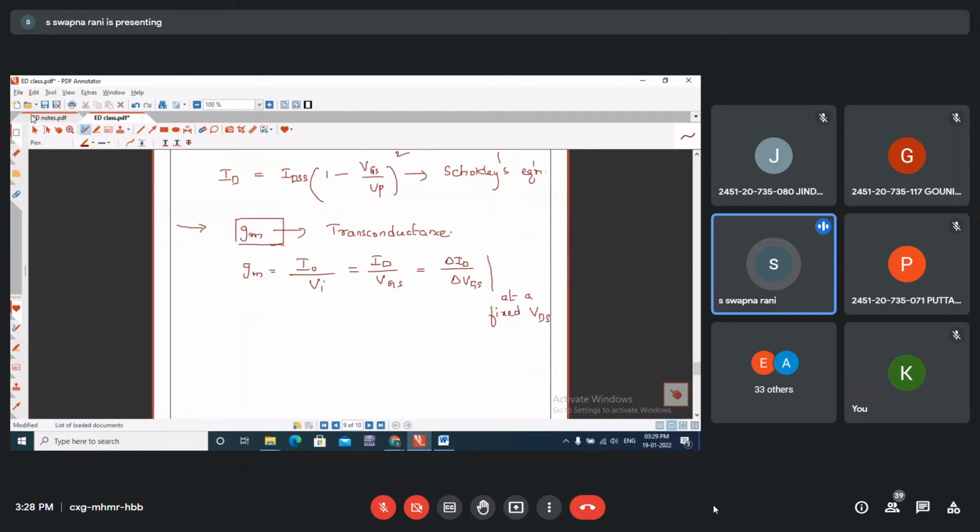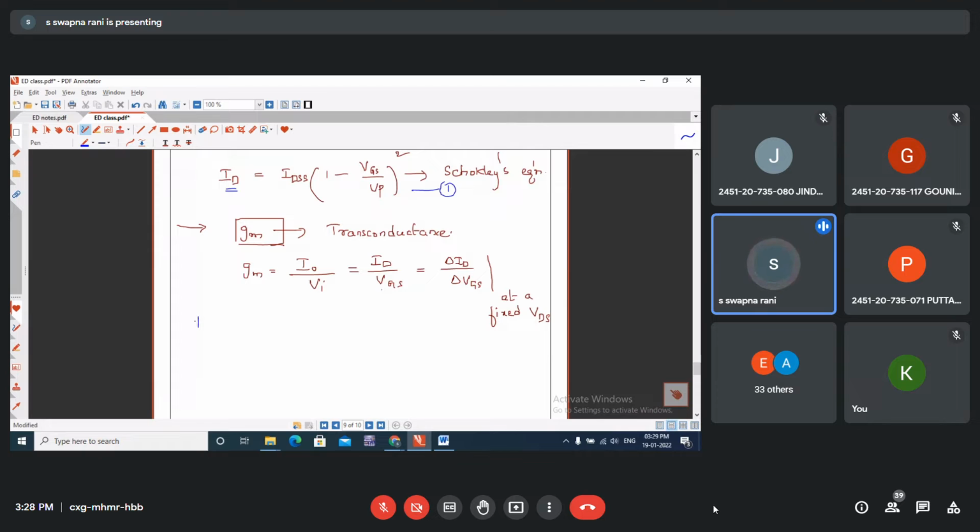Now we will derive this GM. Let us give this equation 1. If I differentiate equation 1 with respect to VGS, I will get transconductance.